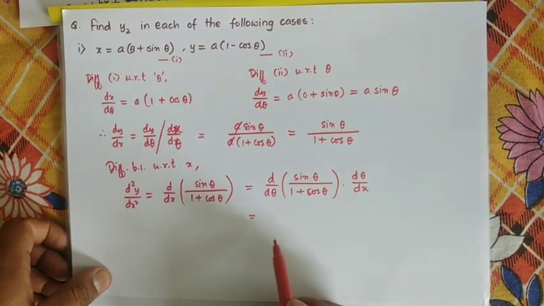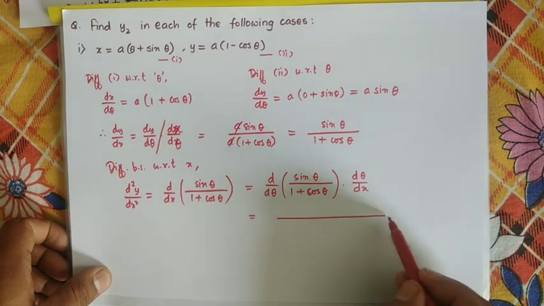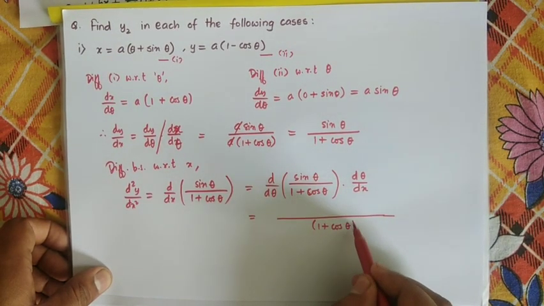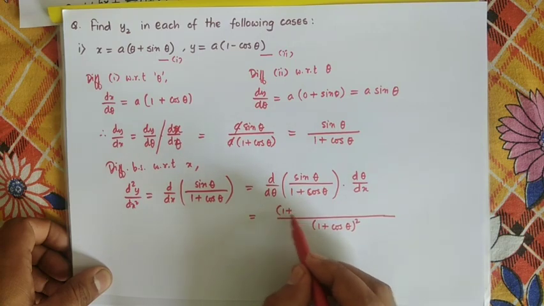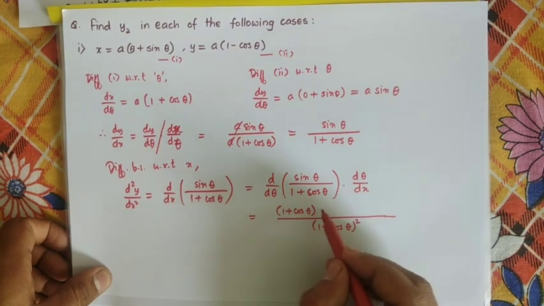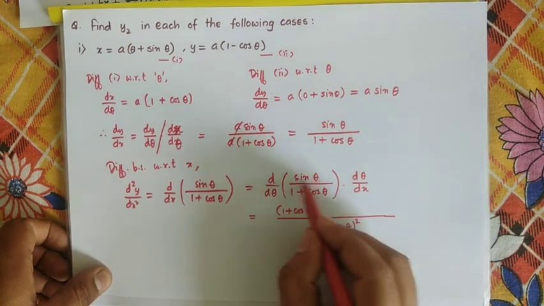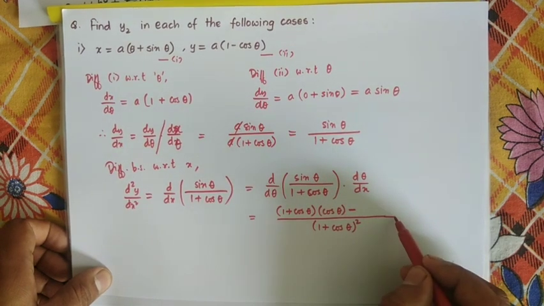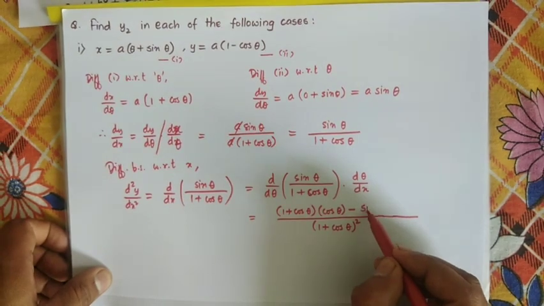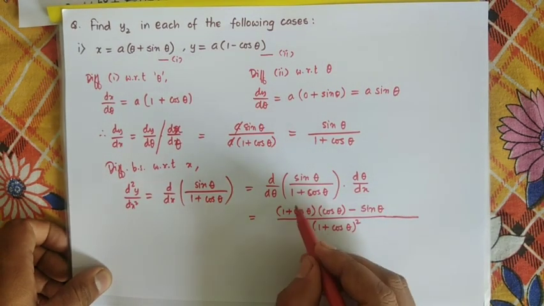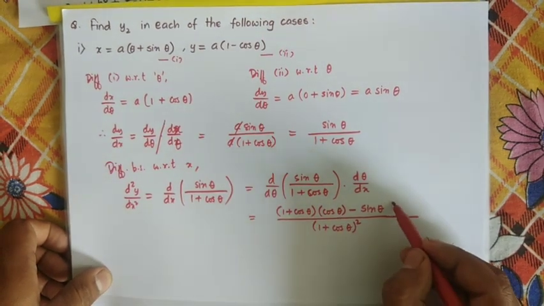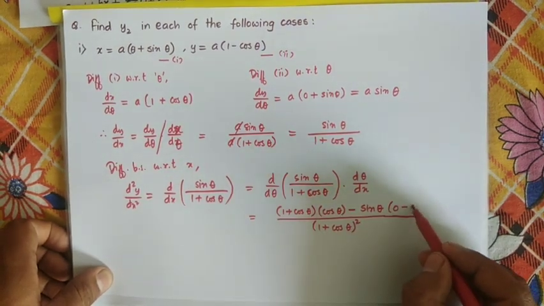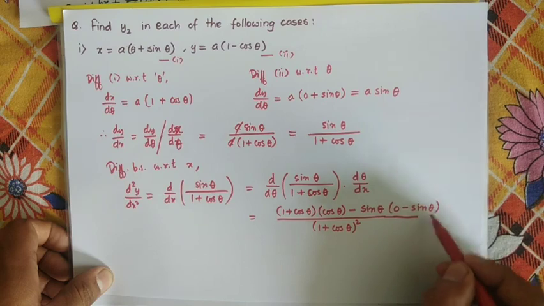this is f by g form. So f by g form is differentiated in this way: the denominator square, so the denominator will be kept as it is, we will differentiate the numerator, and the differentiation of the numerator is cos theta, minus, now the numerator remains as it is, sine theta, and we'll differentiate the denominator, that is, differentiation of 1 will be 0 and differentiation of cos theta will be minus sine theta.